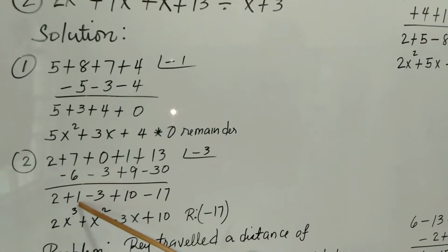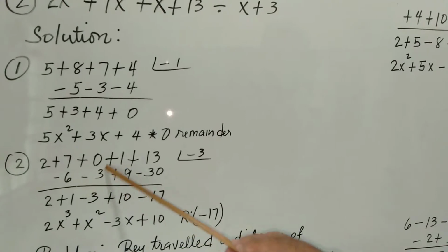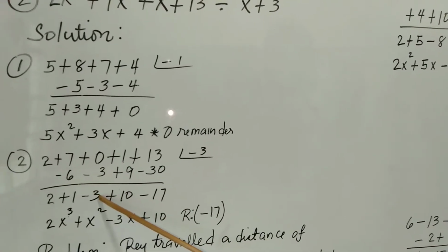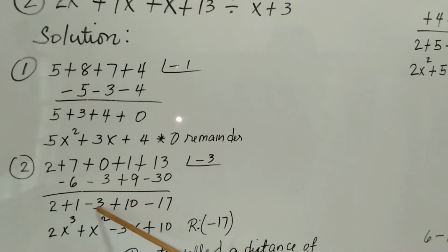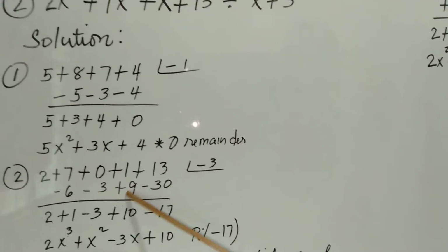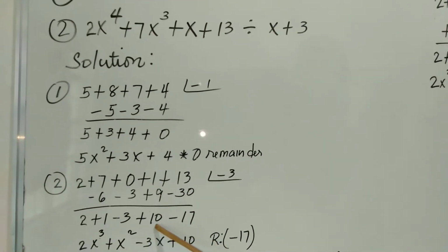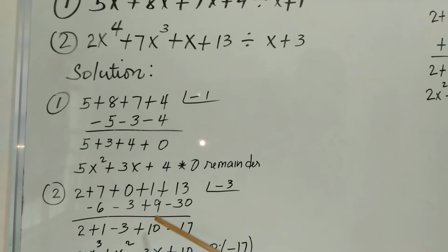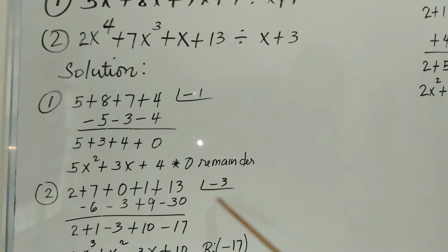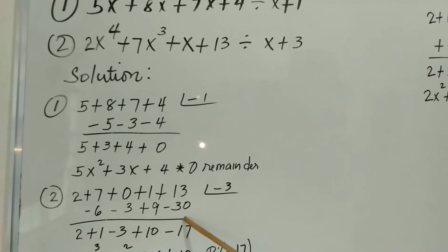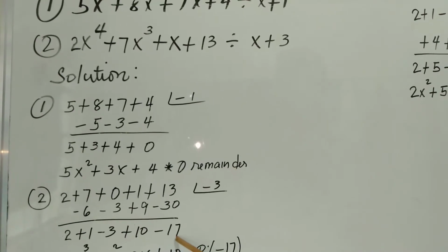Multiply again by negative 3, we get negative 3, and then add, we get negative 3. Multiply this negative 3 by negative 3, we get positive 9, and then add, we get positive 10. We multiply this positive 10 by negative 3, we get negative 30, and when we add, we get negative 17.